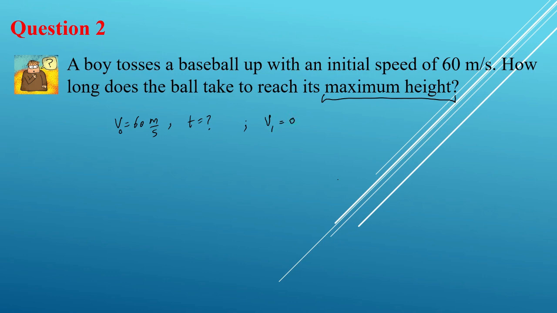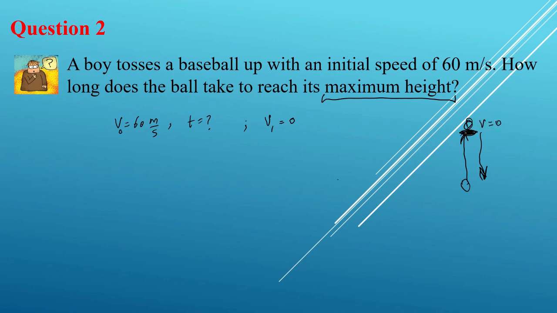Why? Imagine I have a ball, right? I'm going to toss it up, right? It's going to the maximum point, right? What's going to happen at the end? It's going to come back, right? So at the maximum height, my v is equal to 0.